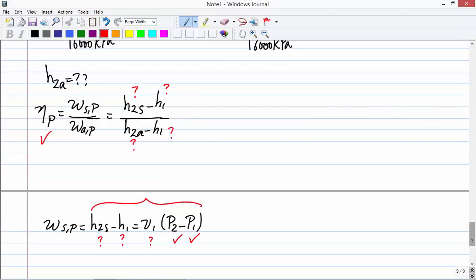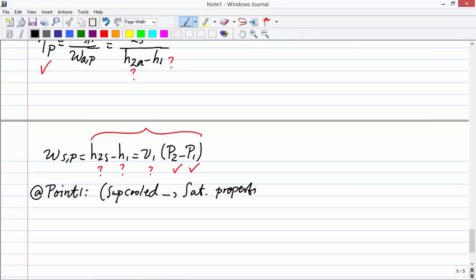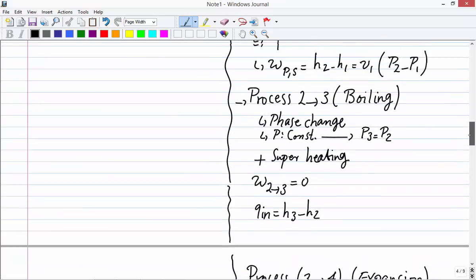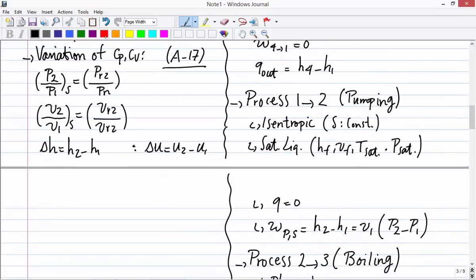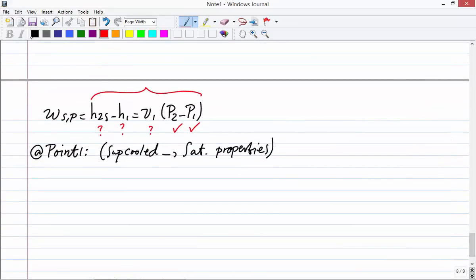And for v, no. Okay, I can go to point 1. At point 1, we have subcooled liquid, so we can use the saturation properties. I told you up there that everything can be used in saturated liquid.